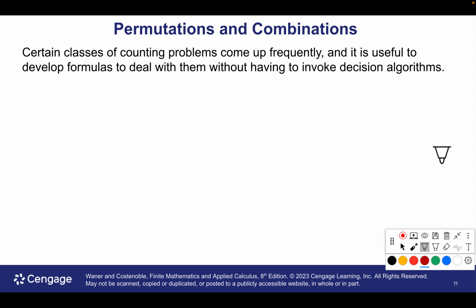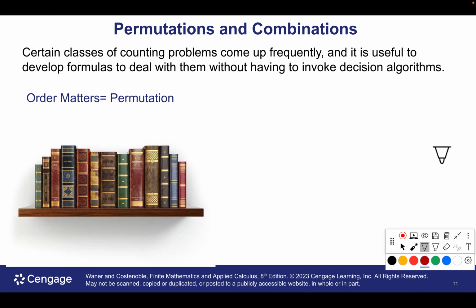Okay, so we've got things to choose from. This is still making a decision, but when we're counting how many different ways there are to do something, we could either have a permutation or a combination. With a permutation, order matters. The arrangement is important. So I'm going to do it with arranging books on a shelf.